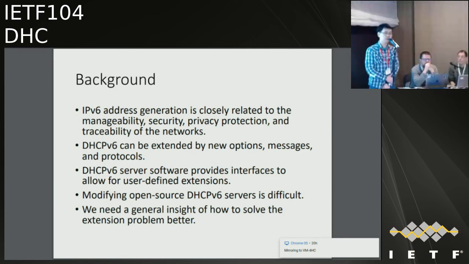Some people may suggest that we can modify open source DHCP servers to do the job. However, it is very difficult, and we need to maintain the code, so we need a general insight of how to solve the extension problem better.